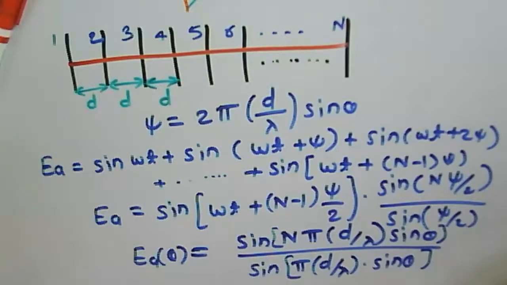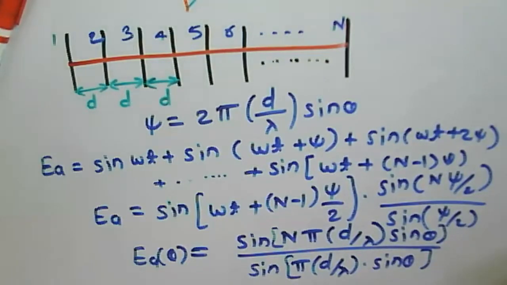So E_A of theta is about the radiation intensity. If this theta will be 0, in that case the pattern has a null, or we can say that it has a 0, because this particular factor, sine of theta, is 0. If the numerator is 0 or the denominator is 0, this whole term will be 0.